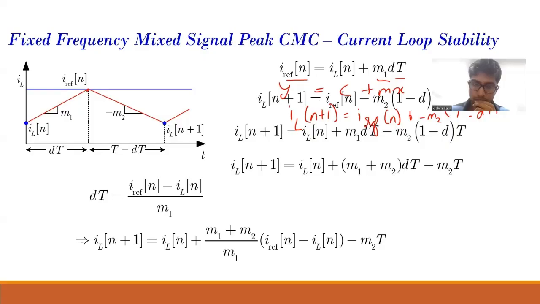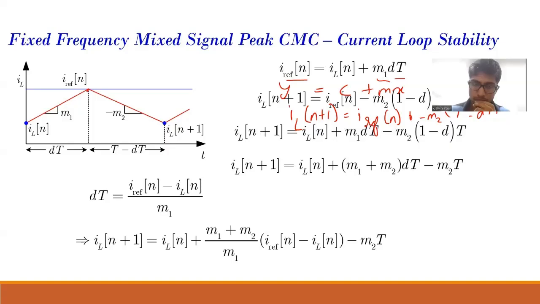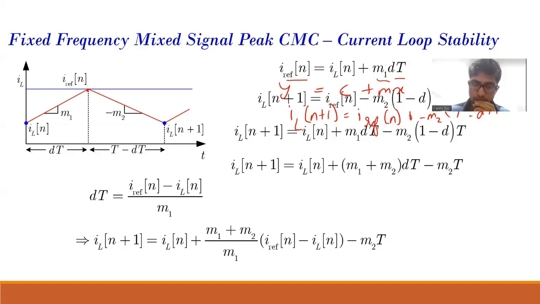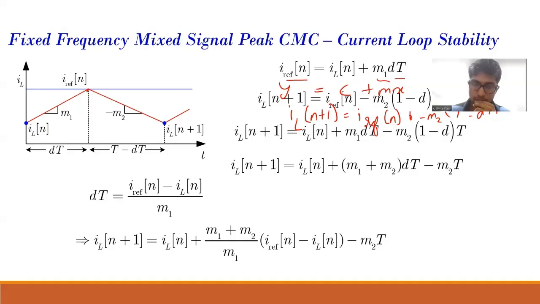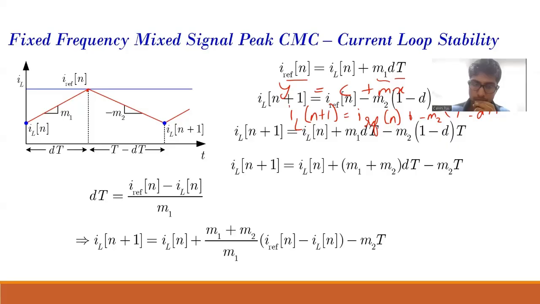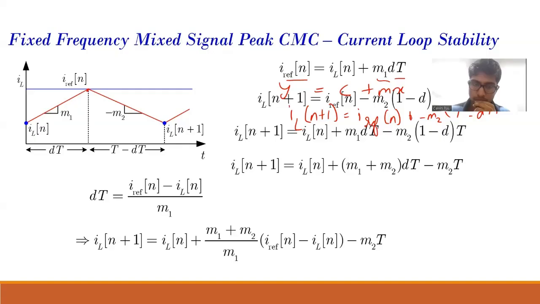So that comes to the form of IL perturb of Z upon IRF perturb of Z. This M1 plus M2 upon M1, let us assume it to be a constant, A. So that is A divided by Z plus M2 upon M1. Now we know for digital control systems, the pole should lie within the unit circle.